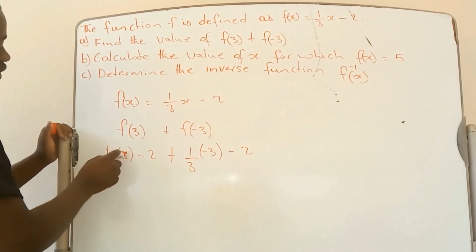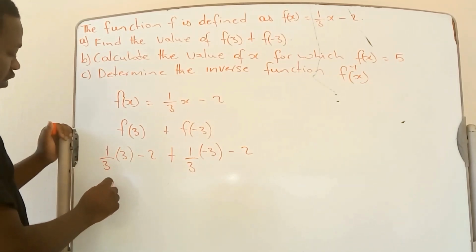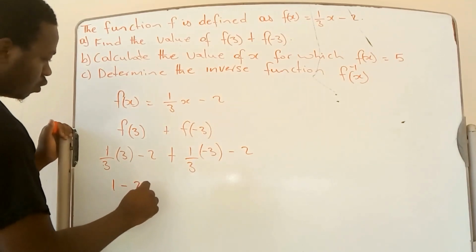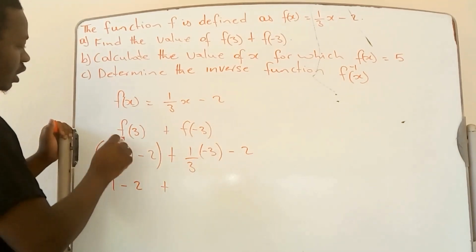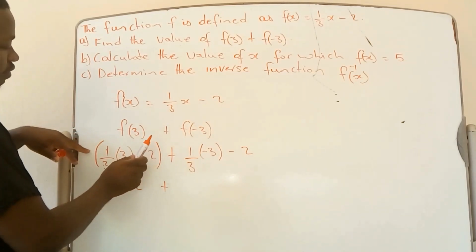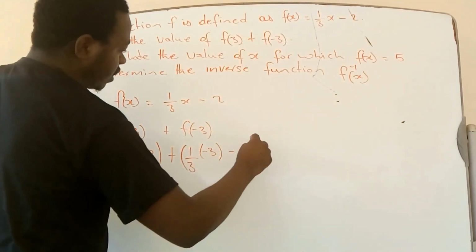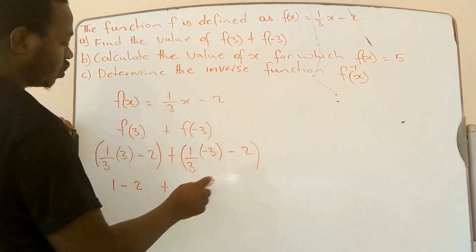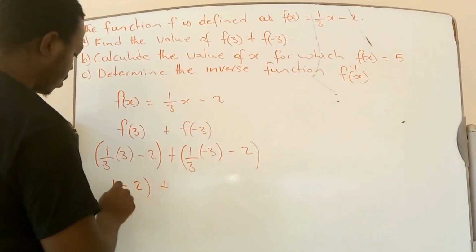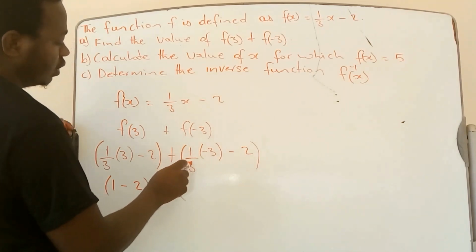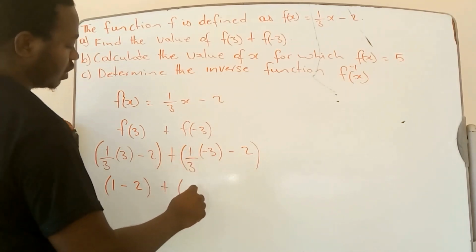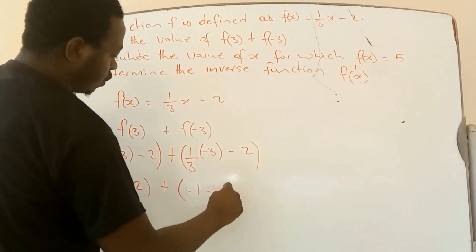1/3 times 3, that's just 1, right? So this is just 1 minus 2, plus, and we could put this in a bracket to show that all of this is f of 3 and all of this is f of minus 3. So this is plus 1/3 times minus 3, that's just -1, minus 2.